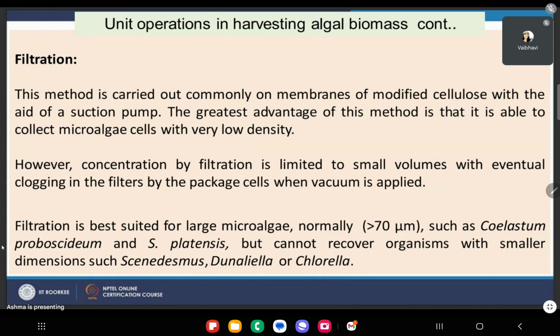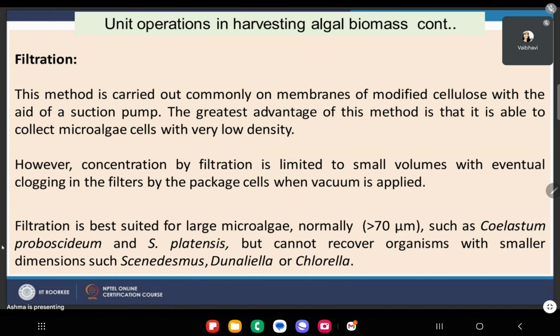We can do the filtration by using some membranes of modified cellulose with the help of a suction pump. The greatest advantage of filtration is that it is able to collect microalgae cells with very low density.